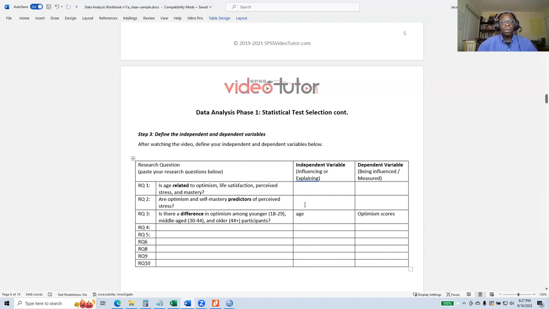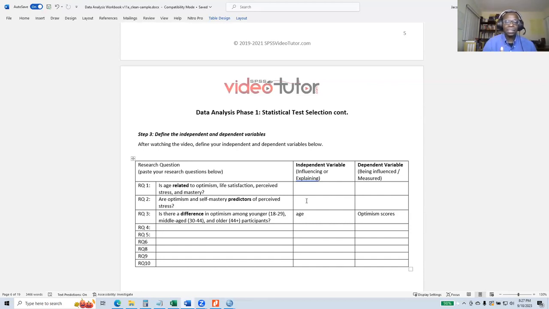So now let's go to research question 2. All right, research question 2. Are optimism and self-mastery predictors of perceived stress? Okay, so is perceived stress affecting self-mastery and optimism, or do we believe optimism and self-mastery are predicting perceived stress?